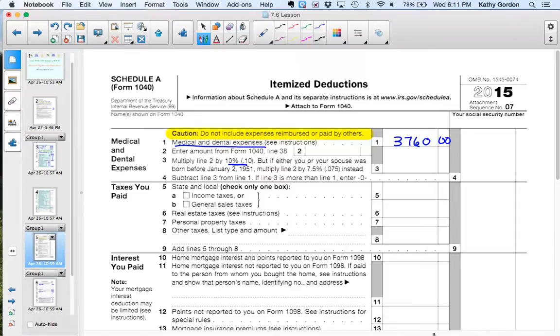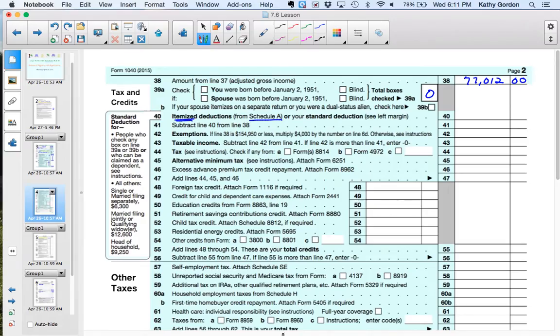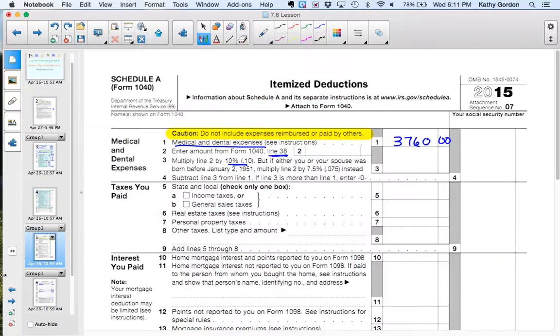And then in line 2, notice that they're asking for the amount that we had on line 38 of our 1040 form. Well, line 38 is that first line at the top of page 2. That's our adjusted gross income. So $77,012 is what we're going to put right here.